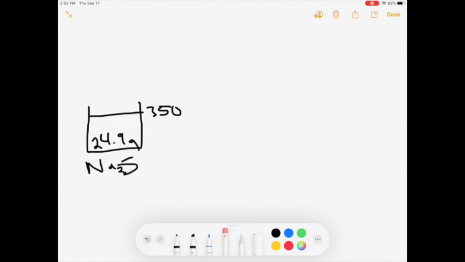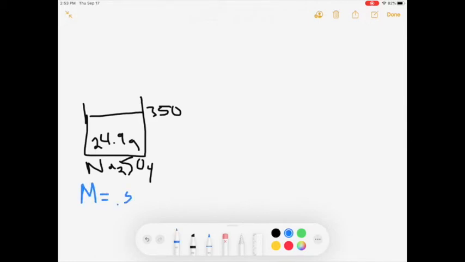Pen went crazy. We added 24.9 grams of sodium sulfate, and that's giving us a concentration, our molarity was 0.5.